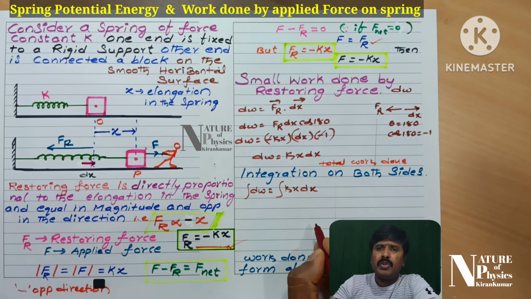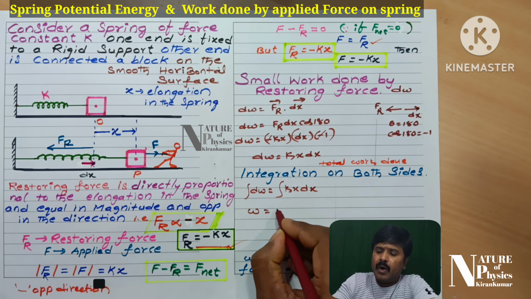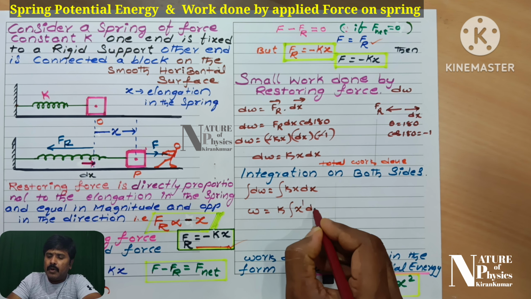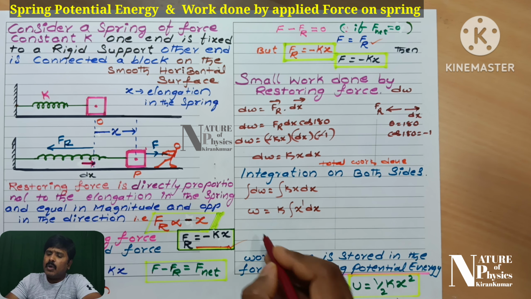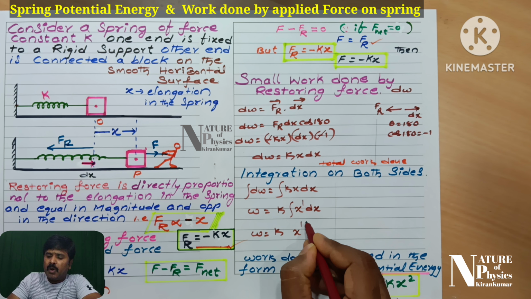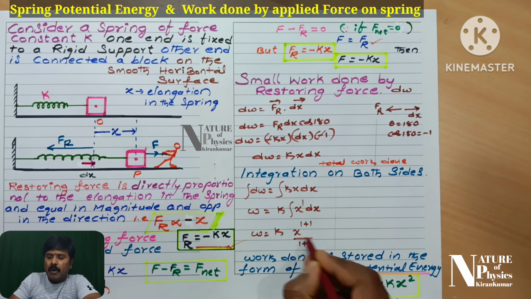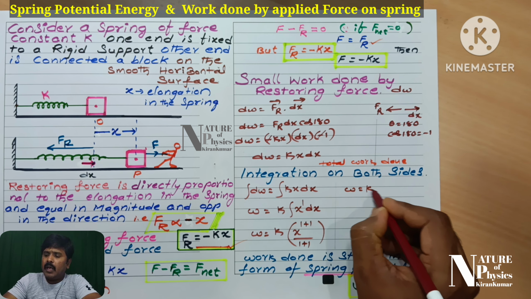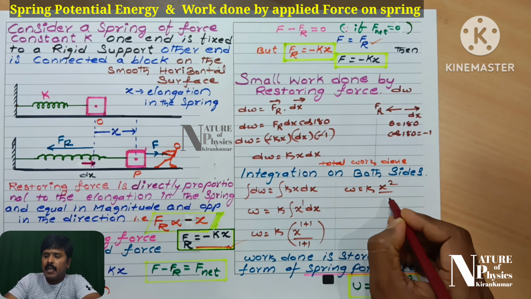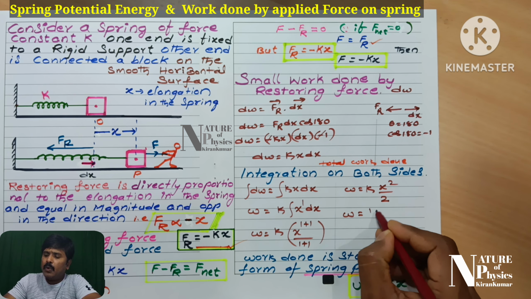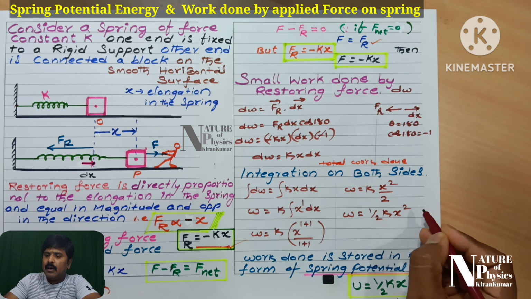So the integral of dW is W, which is equal to k, a common constant, times the integral of x to the power of 1 into dx, which is equal to x to the power of 1 plus 1 by 1 plus 1, using the basic formula. Now W is equal to k into x squared in the numerator, and the denominator is 1 plus 1, which is 2. So the work done is equal to half into kx squared.